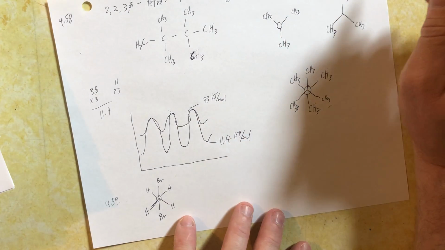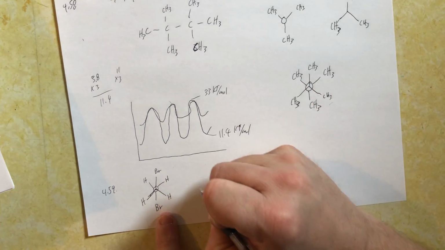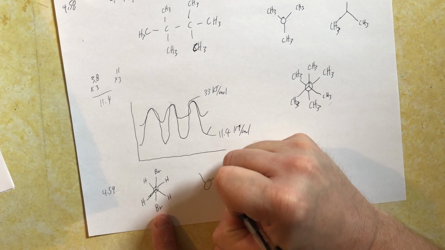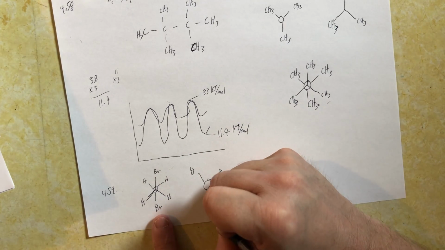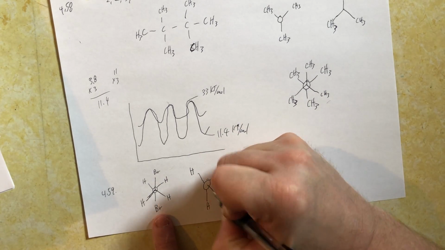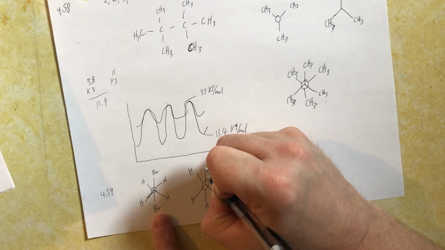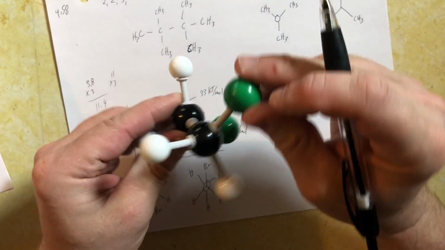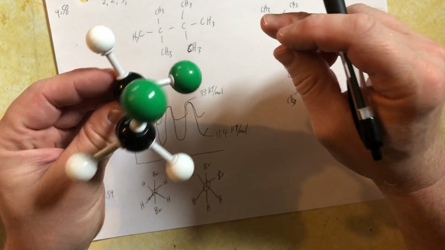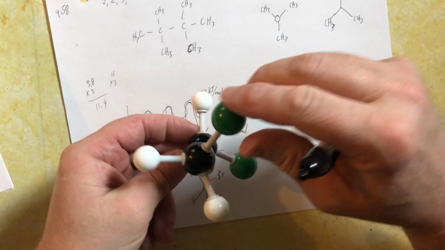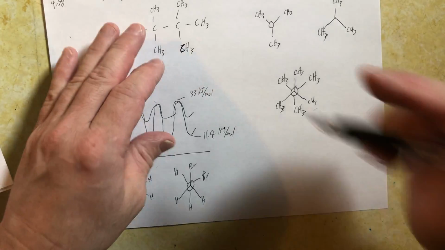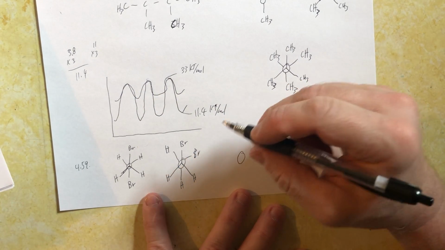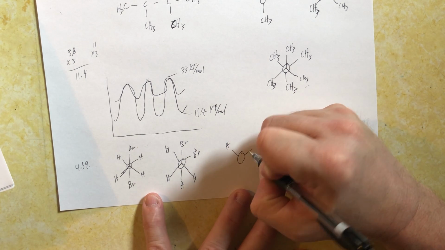And then the next one I had was this one, where I had them staggered, looking down this way. Again, these are chlorine in the model kit, but I'm not going to change them here. They'll work for calling them bromine. And then the next one I had, with more energy, was this one.